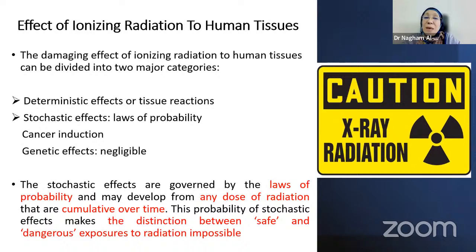The damaging effect of ionizing radiation to human tissues can be divided generally into two main categories: deterministic effect and stochastic effect. The deterministic effect is something mostly we can see and measure, and we know approximately at what level it happens.